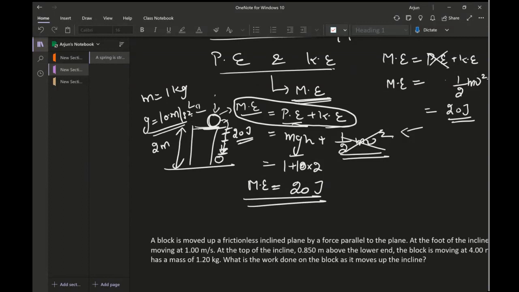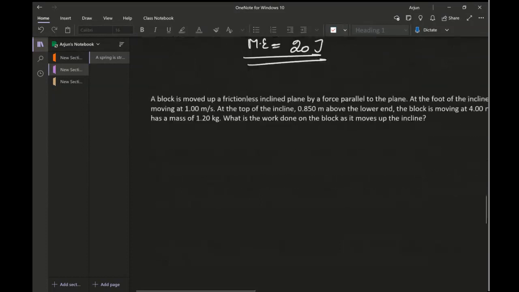Irrespective of whether the ball was placed on top of the cliff or is about to hit the ground, the mechanical energy will remain the same. If there are losses like frictional losses or resistance losses, then the mechanical energy will vary.